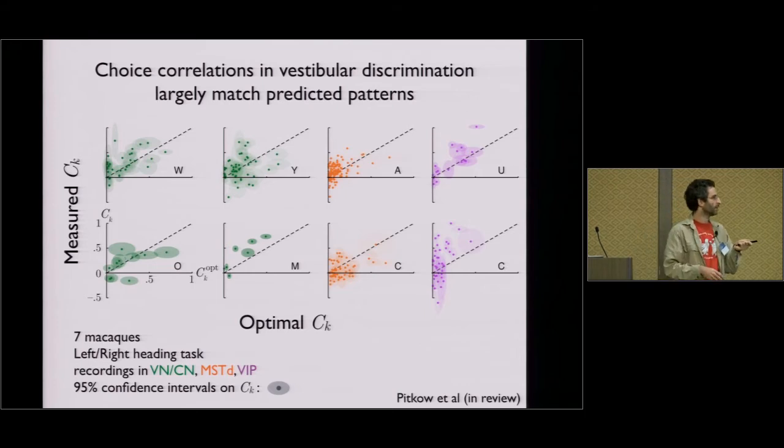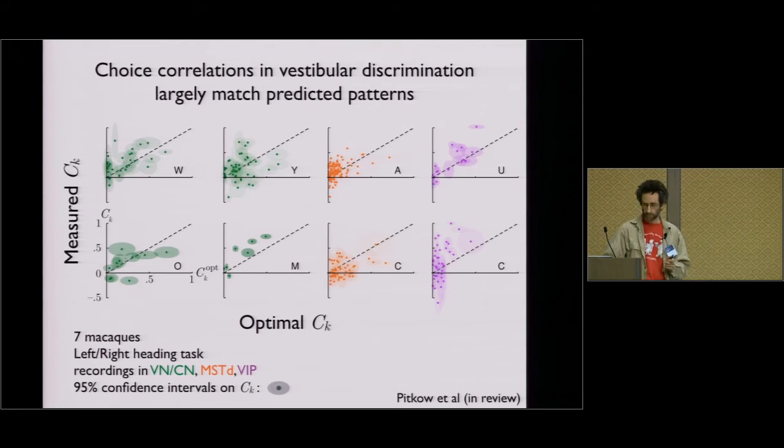And when we do this in monkeys, we find that it's a pretty good description of the relationship between the choice correlation and this prediction of optimal decoding. So I'm not going to talk about that further, but just to say this is the kind of test that you can actually apply to real data.